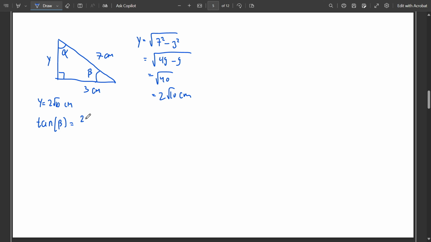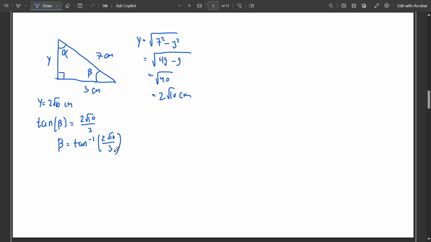So 2 square root of 10 over 3. Well, to find beta, we need to take the inverse tangent. So the undo tangent. Well, that undoes this to become a degree. So beta is equal to tangent inverse of 2 square root of 10 divided by 3.